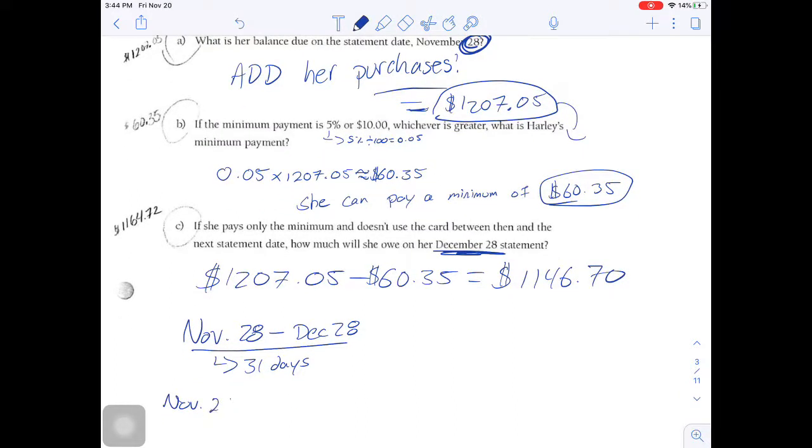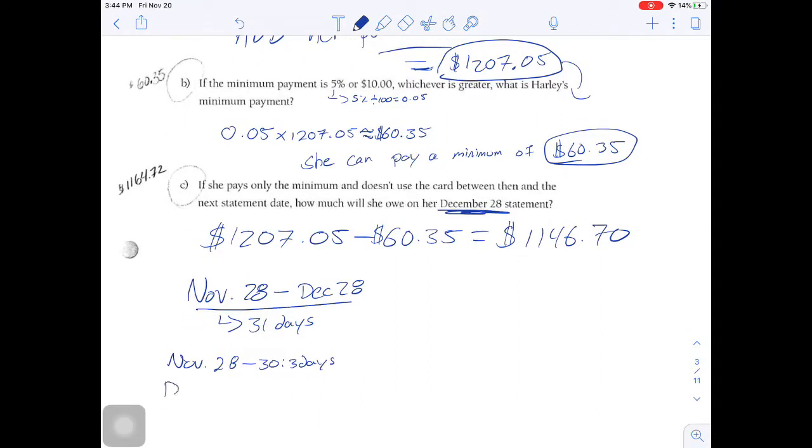So she would be accumulating interest on the 28th to the 30th, which is 3 days. And then she would also accumulate interest from December 1st to the 28th, which is 28 days. So total days, 3 plus 28 is 31 days. Okay, so she's slowly accumulating interest 31 days later.